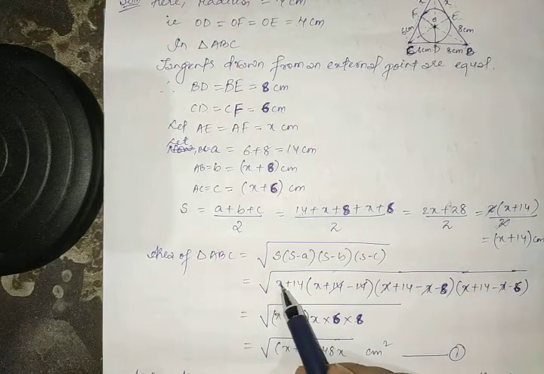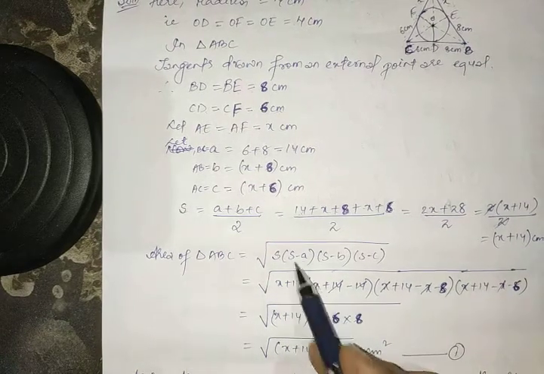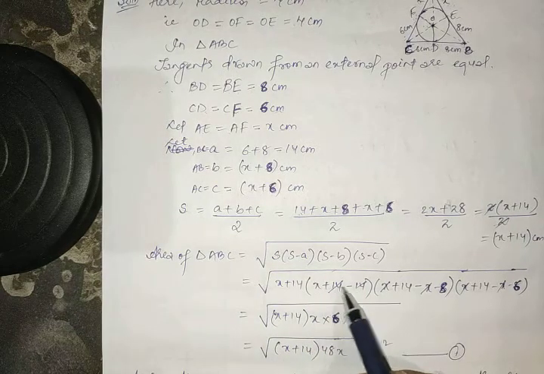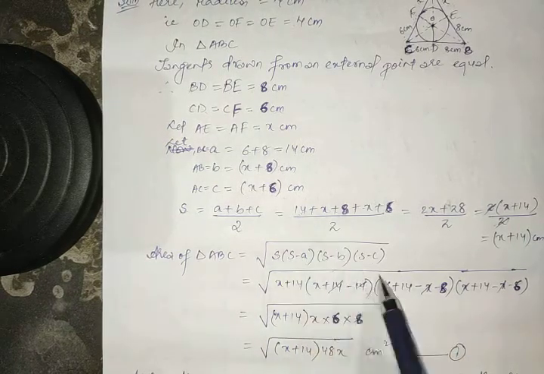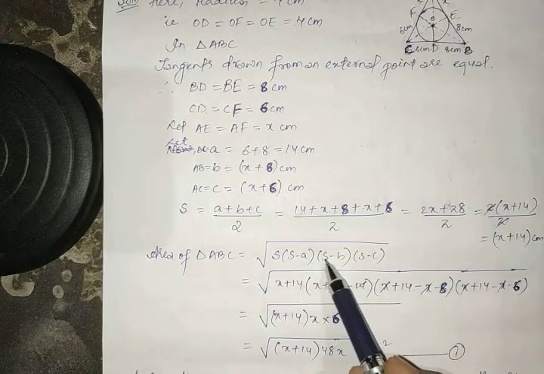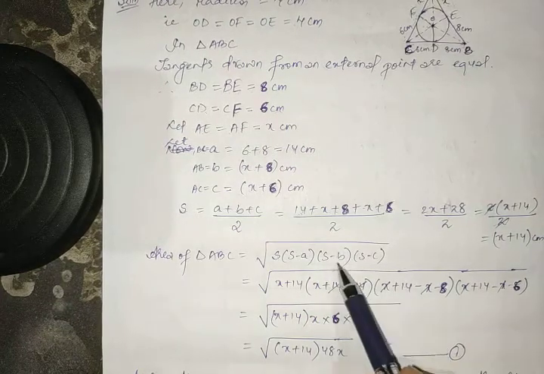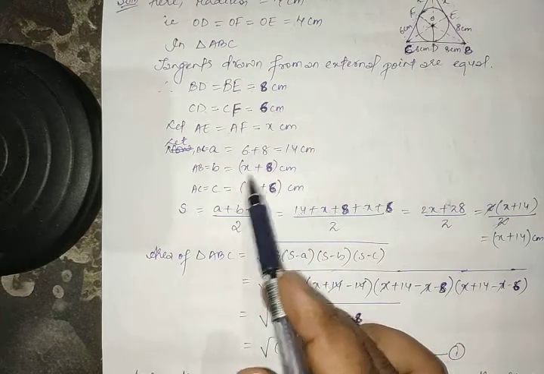So in place of s we have written x plus 14, then s minus a, that means x plus 14 minus a, and what is a? 14. So minus 14. Next is s minus b. s is x plus 14 minus, and what is b? x plus 8.